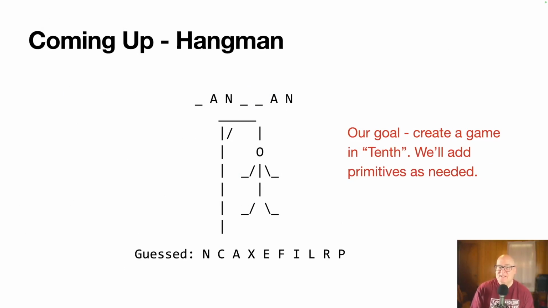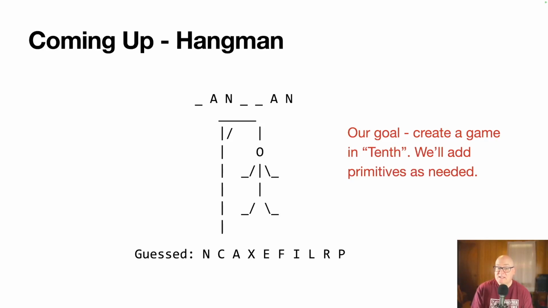If you haven't played it, it's a word guessing game. So one person chooses a word and then writes a dash for every letter in the word at the top there. And then you draw a scaffold, and the other player starts making guesses, and they guess, like here we guessed N. Well, we replace all those dashes with N's where they are in the word.